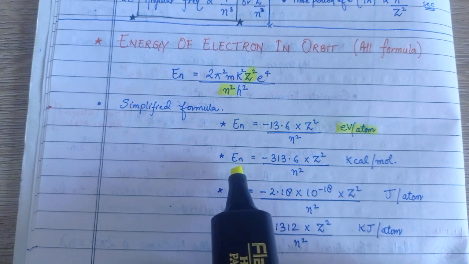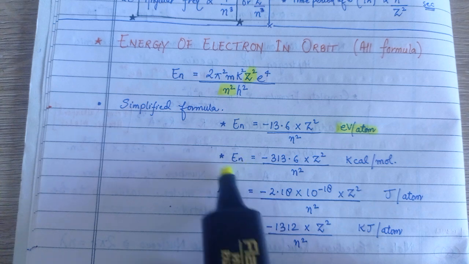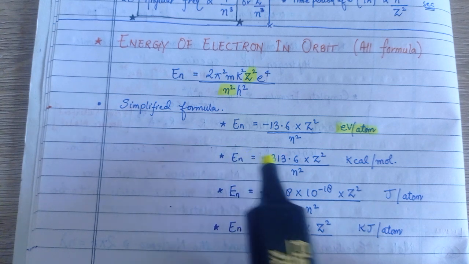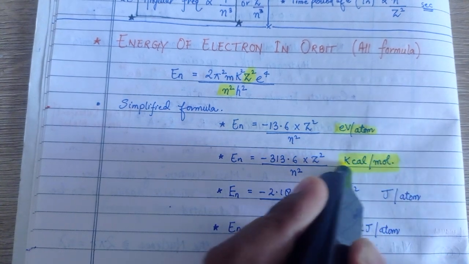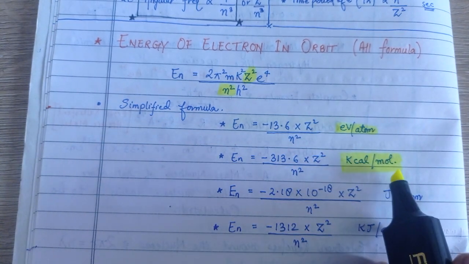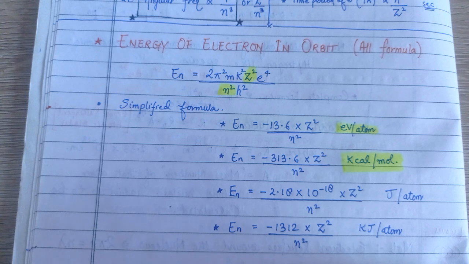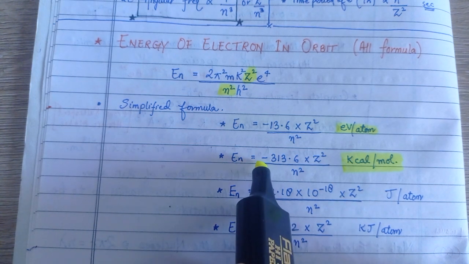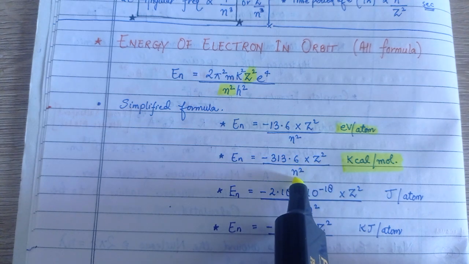The unit is electron volt per atom. If they ask to calculate the energy of electron in an nth orbit in kilocalories per mole, then you have to use minus 313.6 z square upon n square.